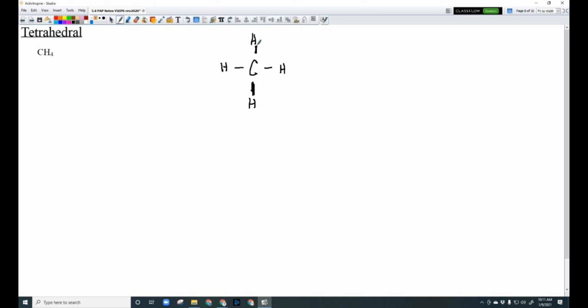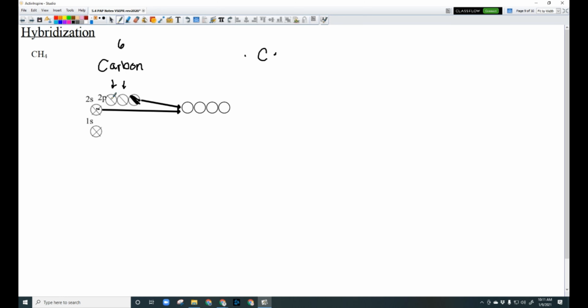So if we look at going back, these bonds right here between the carbon and the hydrogens, these are all the same energy bonds. There's no difference in energy. So what happens is these p orbitals are demoted into a lower energy state. This s orbital is promoted a little bit into a higher energy state, so that we have 4 orbitals here that are the same energy level.